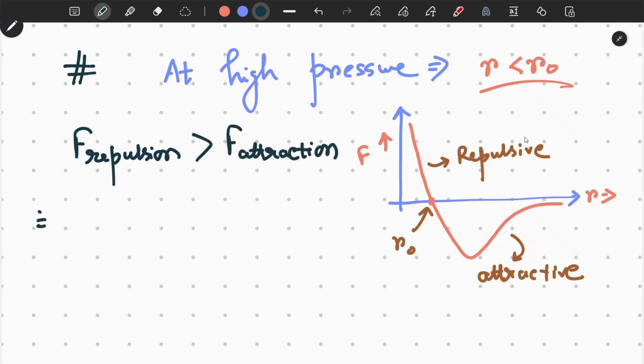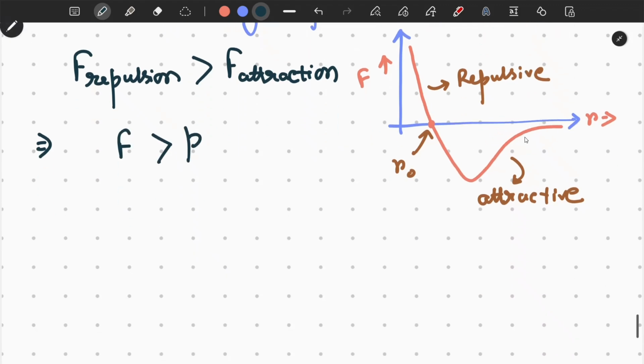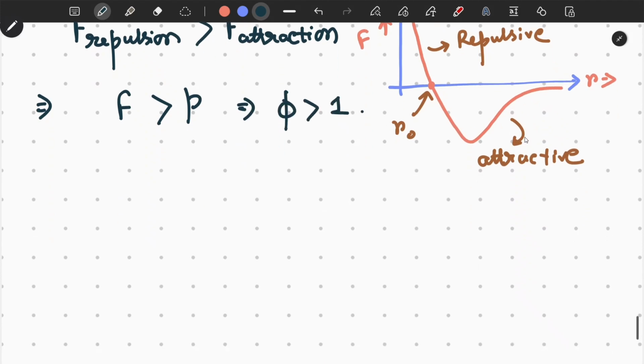So that means the molecules will move faster and hit the walls with more force. That means the pressure will be more, as expected if it was an ideal gas. That means the fugacity will be greater than the ideal gas pressure. That means phi should be greater than 1.